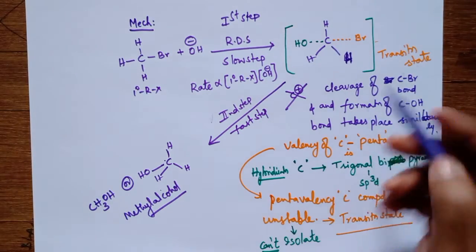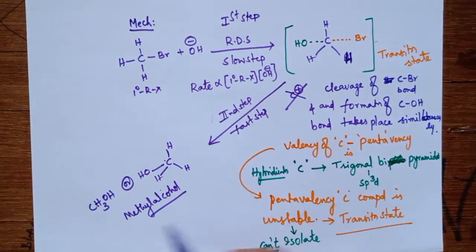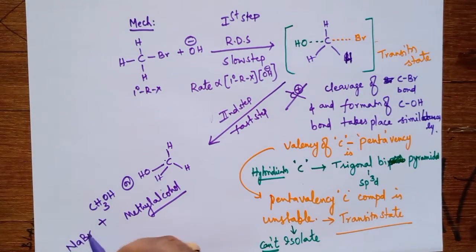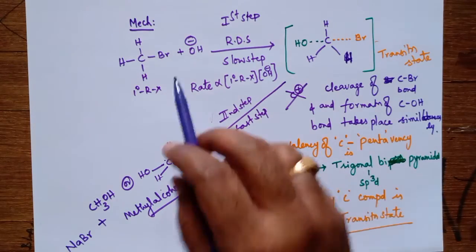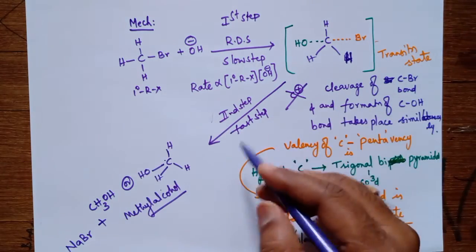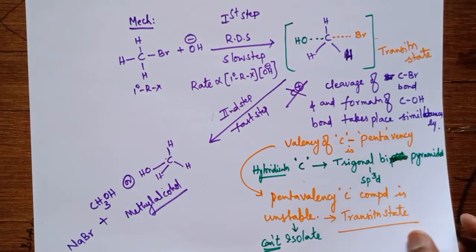The outgoing nucleophile Br minus can combine with sodium and form sodium bromide. You should write it within the same page, the same reaction. You should not write two steps. This takes place in a single step. The SN2 reaction takes place in a single step.